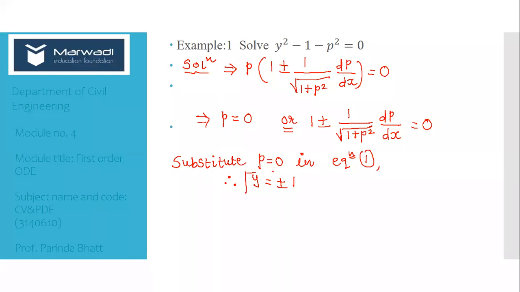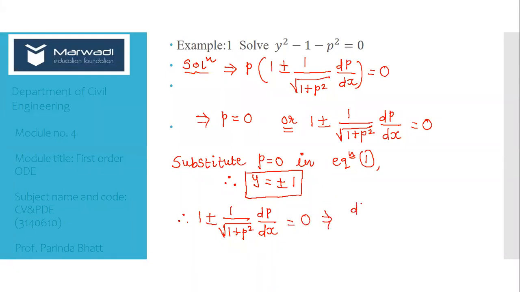Now, this value of the y is equal to plus or minus 1, and the other factor is 1 plus p square dp by dx equal to 0.